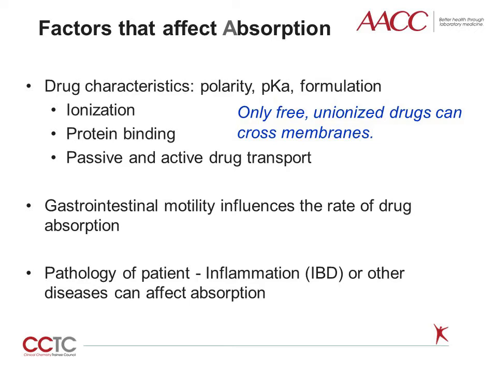Diffusion can occur passively across the concentration gradient, which is a primary transport mechanism, or active transport, which requires energy, such as ATP, for drug transport across the blood-brain barrier, neuronal membranes, renal tubular cells, and hepatocytes. It is important to note that only free, unionized drugs can cross cell membranes.